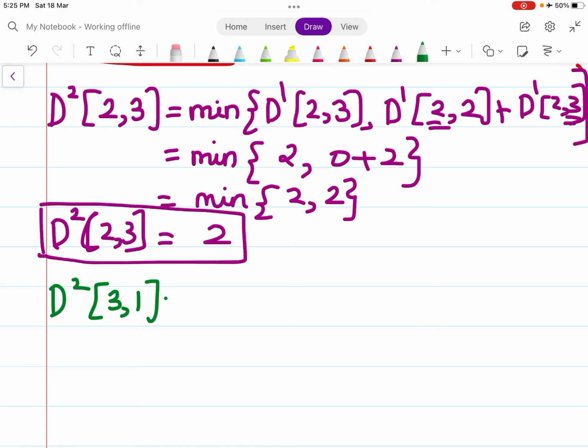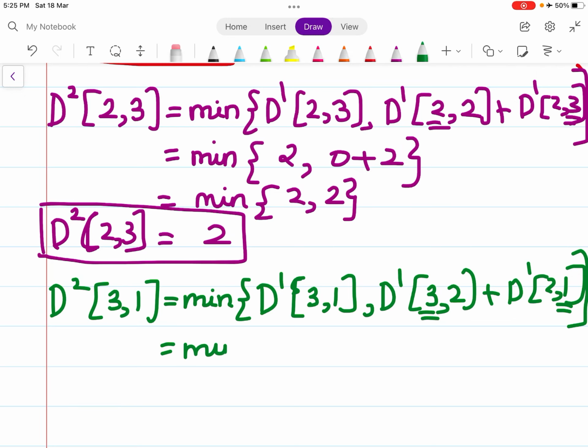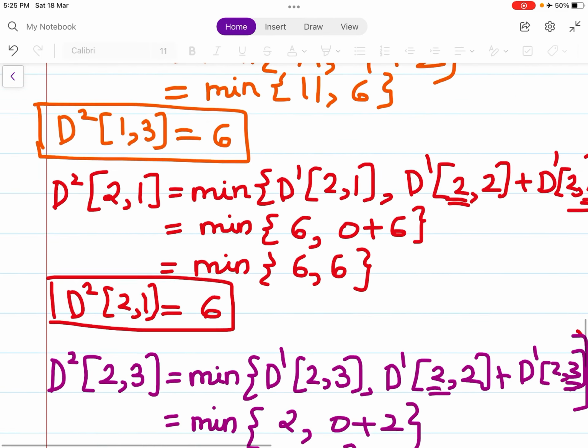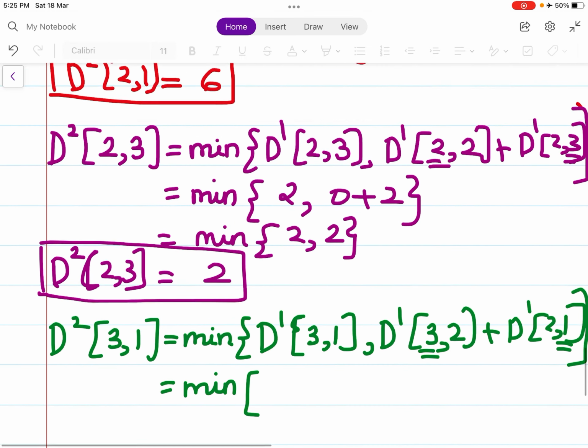D2 of 3 comma 1 is equal to minimum of D1 of 3 comma 1, comma D1 of 3 comma 2 plus D1 of 2 comma 1. Between 3 and 2 you have 2. Minimum of 3 comma 1, 3 comma 1 is 3.